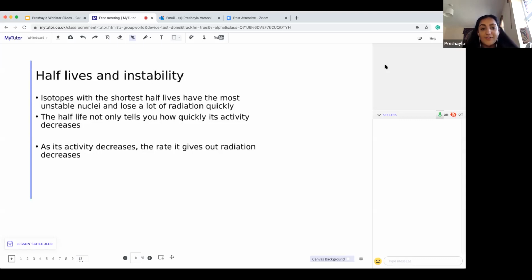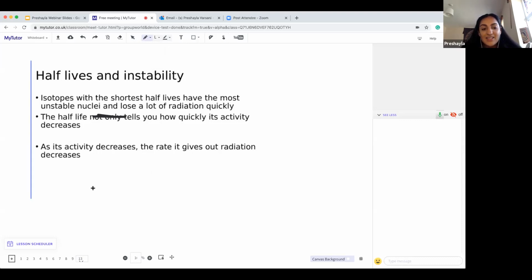The half-life tells you how quickly its activity decreases. We know this, the half-life tells you how quickly activity decreases. But as its activity decreases, the rate at which it gives out radiation also decreases.